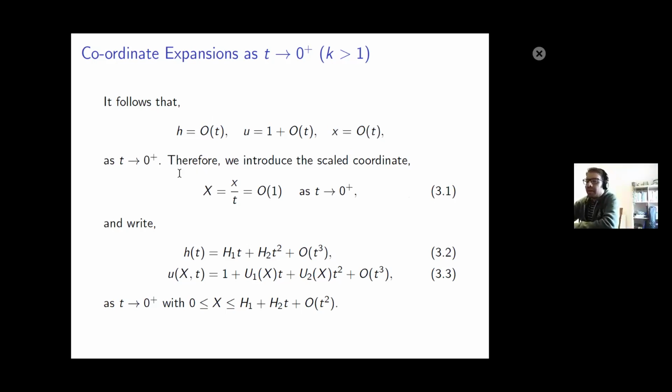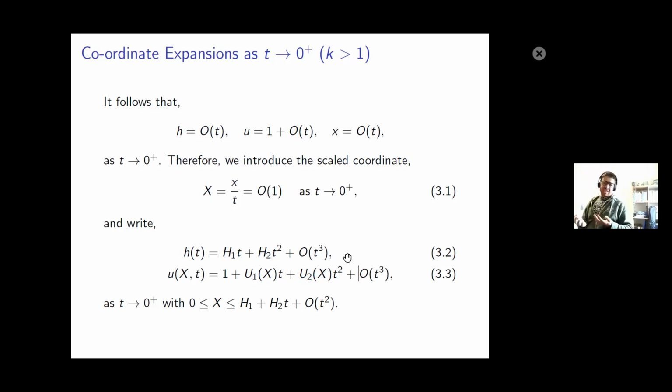So now if we rescale our coordinate system to pick X to be equal to little x divided by t and choose that to be order 1, and we now represent little h, our free boundary, in this form, where we have h1, h2 undetermined, and we represent u in our rescaled coordinate system as 1 plus this unknown u1 of X, unknown u2 of X, plus higher order terms.